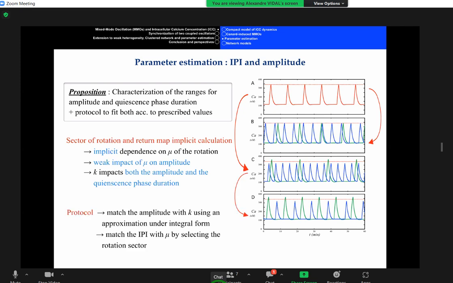And the protocol gives us the ability to match the amplitude with K using an approximation of the integral form, and match afterwards the IPI with mu by selecting the sector of rotation. So we are able to fit any experimental data that we have recorded in a single neuron using this simple compact system.